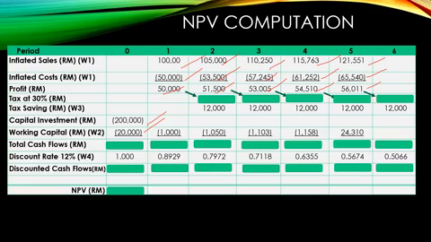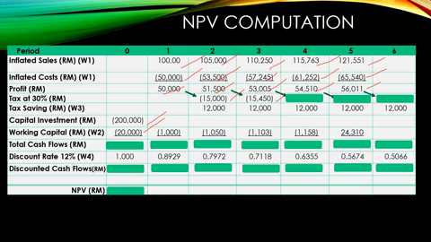The amount of tax saving. Okay, the assumption is the tax is payable in arrears. Therefore, the tax for the profit will be payable in year 2. So the amount of tax will be 15,000 ringgit in year 2. In year 3, the amount is 15,450 ringgit.